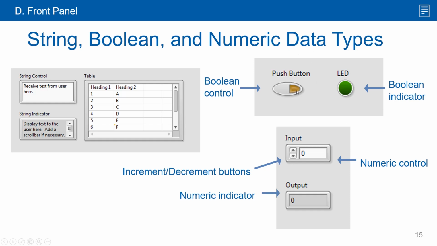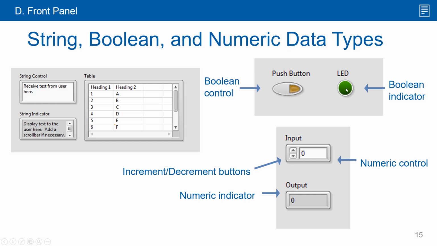The Boolean data type represents data that only has two possible states, such as true and false, or on or off. Use Boolean control indicators to enter and display Boolean values. So if you click this push button, the push button will be on. If you remove the click from this push button, it can be turned off. Similarly, this LED will show whether it is on or off. So it will consist of any two states, either on or off, one or zero. So this is Boolean data type. This is Boolean control, and this is Boolean indicator.